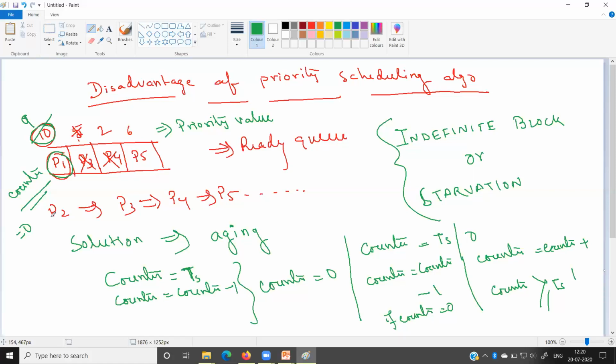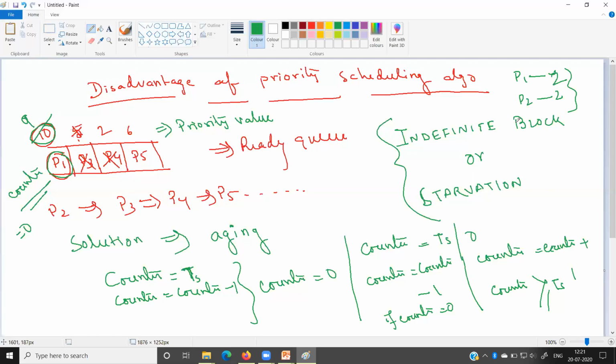Fine. And another important thing is that a very common question may come to your mind: if two processes are present in the ready queue with the same priority, like suppose there is a process P1 with priority 2 and another process P2 with the same priority 2, which process will be selected by the scheduler?